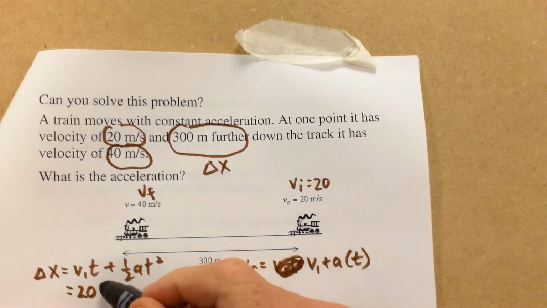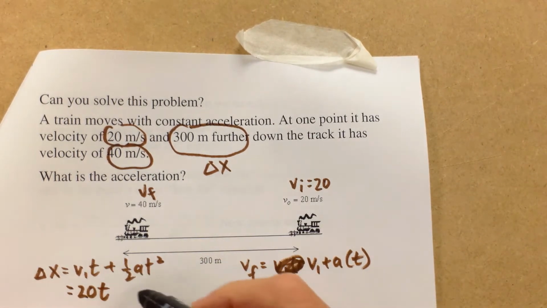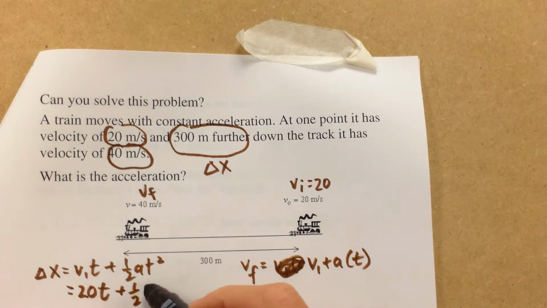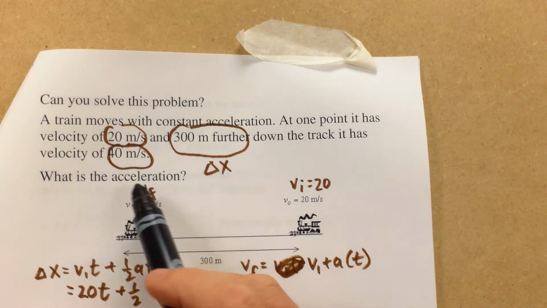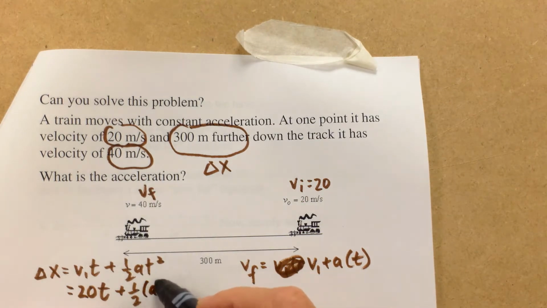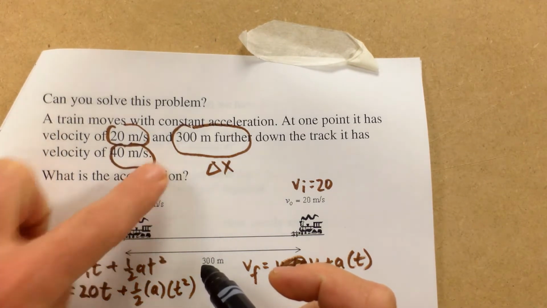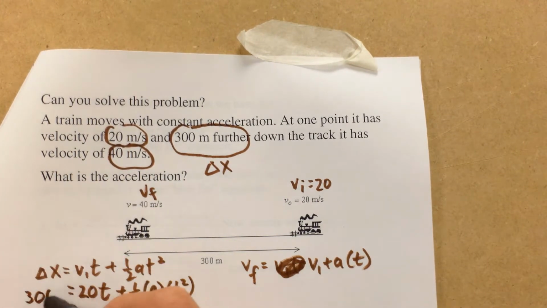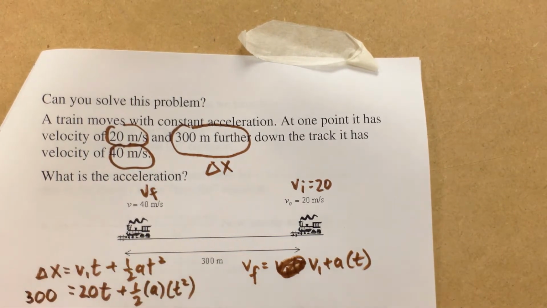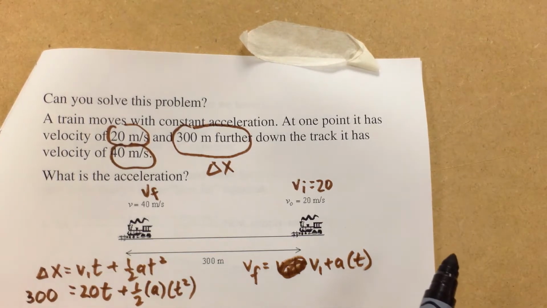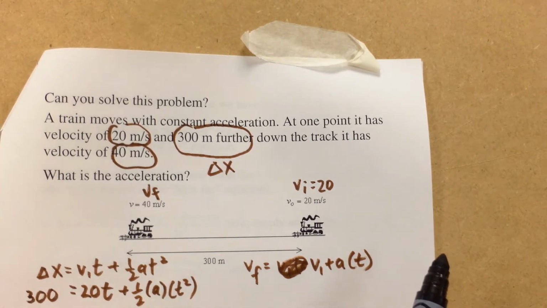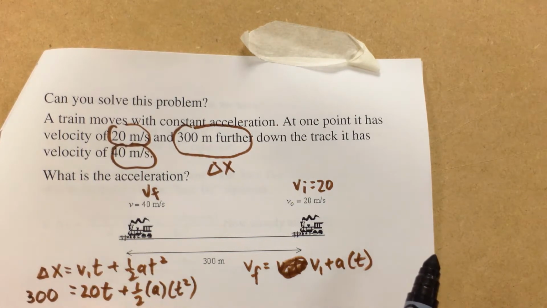No, it's not giving us any time, so we're not sure what that is. 1/2 A. Do we know anything really about the acceleration? Well, that's what we're trying to find, right? What is the acceleration? And again, we know this occurs in 300 meters, so we're going to equate this to 300. Well, can we really do anything with this equation at this point? We don't know A and we don't know T. So this equation is non-solvable, right? Because it's got too many unknowns.